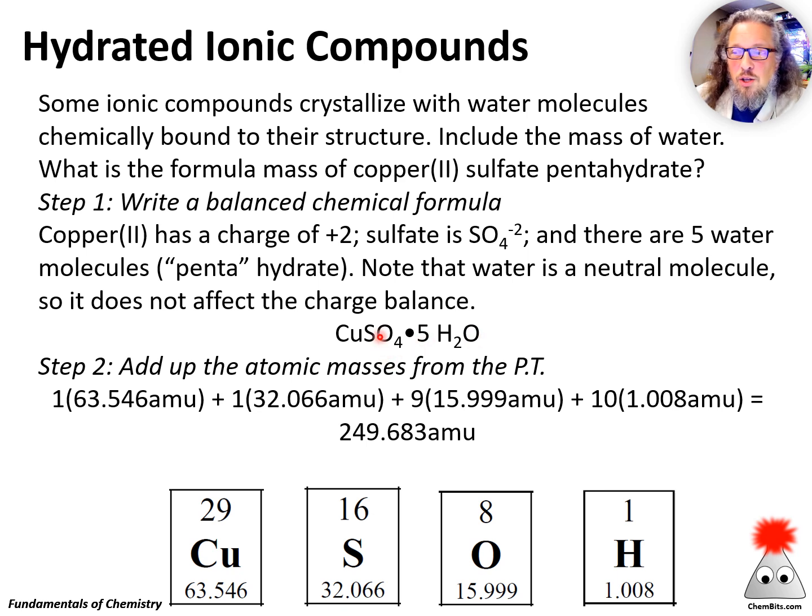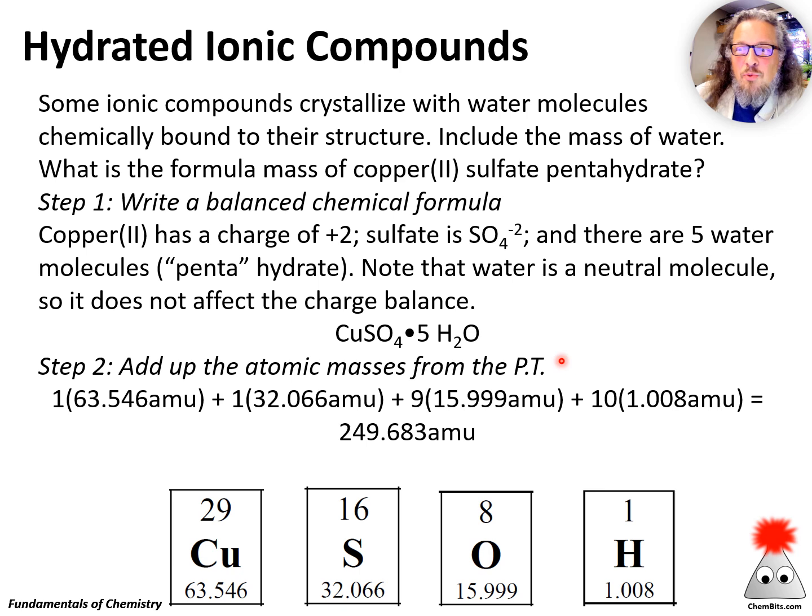So we've got a total of 4 plus 5, 9 oxygens, each at 15.999 AMU. And we've got 5 water molecules. They each have 2 hydrogens, so there's a total of 5 times 2, 10 hydrogens at an atomic mass of 1.008 AMU. Add them up, we get 249.683 AMU for the formula mass of copper sulfate pentahydrate.